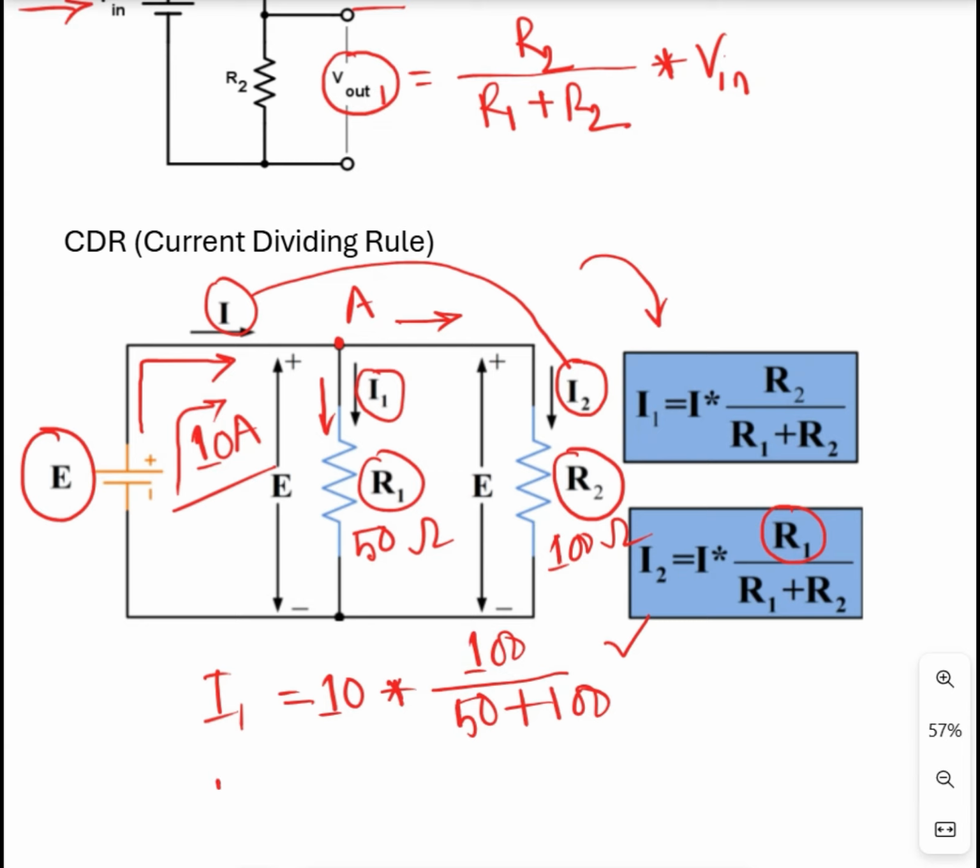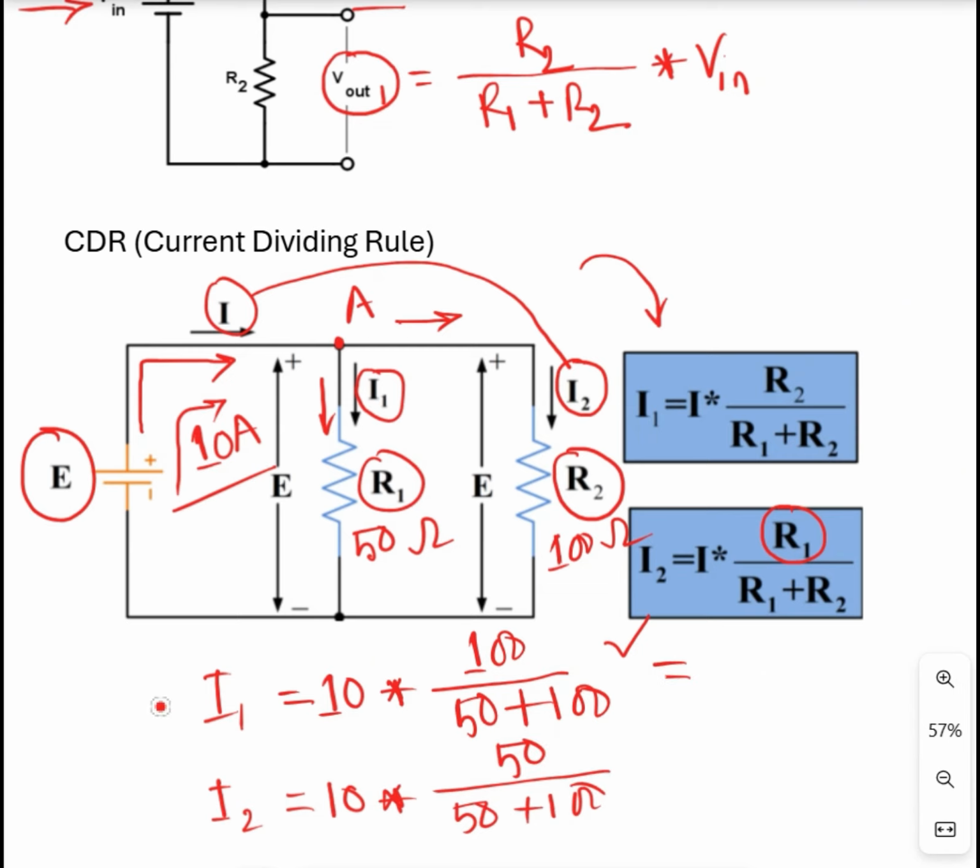And I2 will be the same as total current over 50 plus 100, and obviously the I2 opposite resistance will be 50, so we have to write down the value of 50.